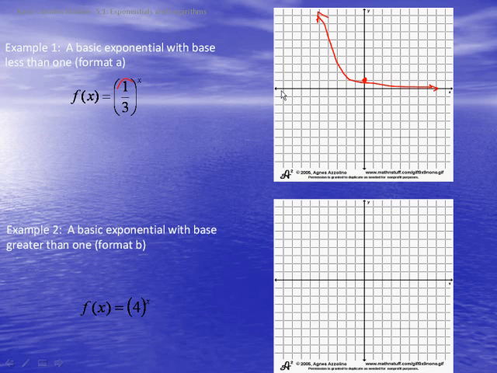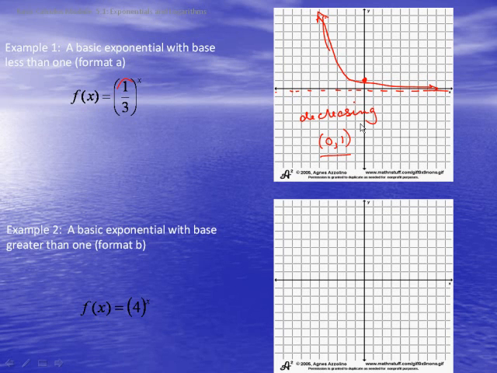And notice that it acts like this is a horizontal asymptote. So the function comes down, and notice that from left to right this thing is decreasing, and that the main point for this is 0, 1. These are the two main things. So it's decreasing from left to right, and it's at 0, 1.